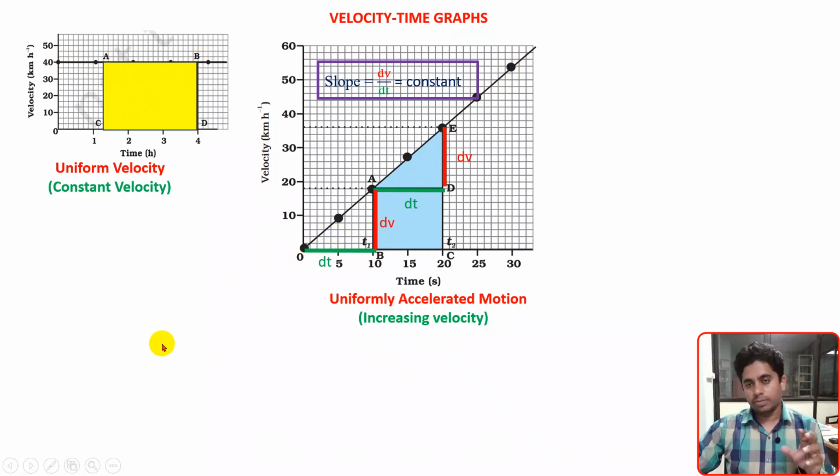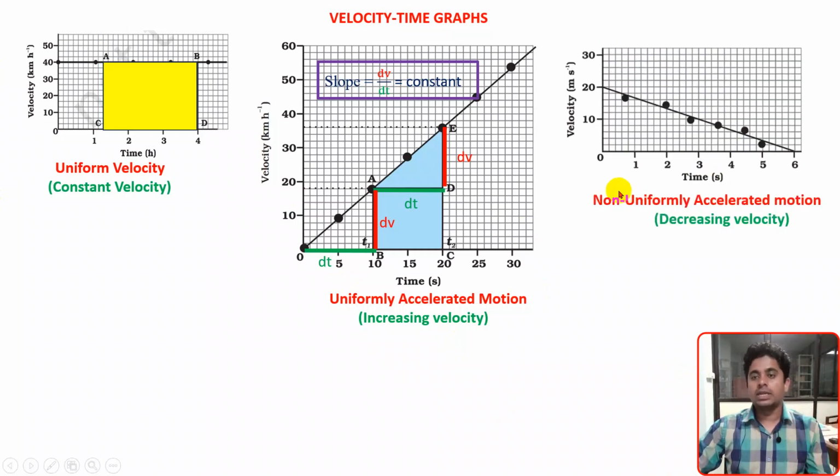So in this video, here we have discussed constant velocity, here we have discussed increasing velocity. Now we will consider two more cases. The third case is when velocity is decreasing, and the fourth case is where velocity is increasing and decreasing. Such kind of behavior we will study. So first let us study when the velocity is decreasing.